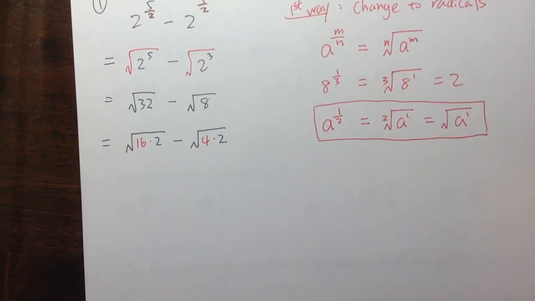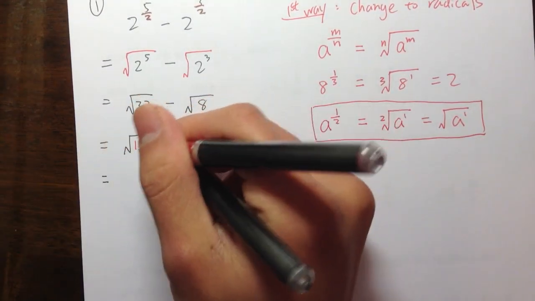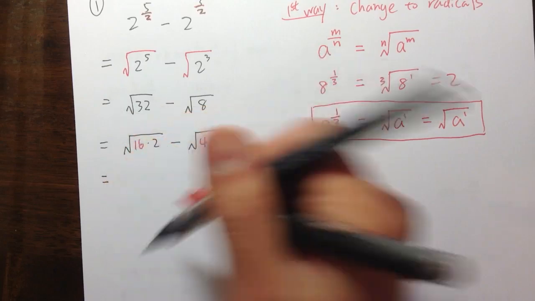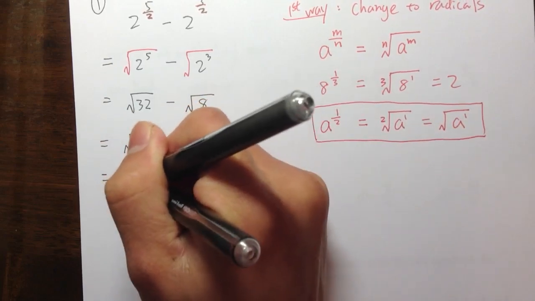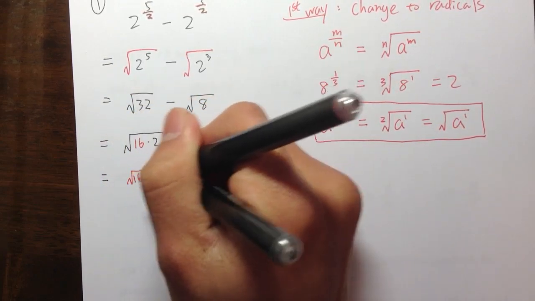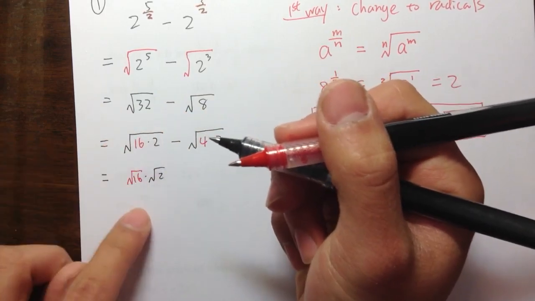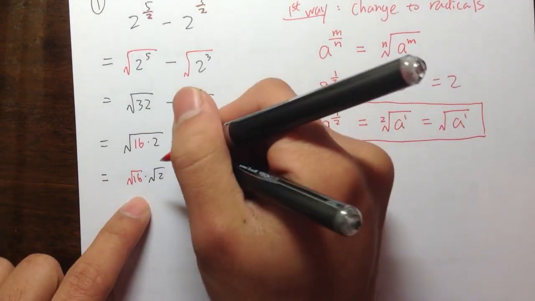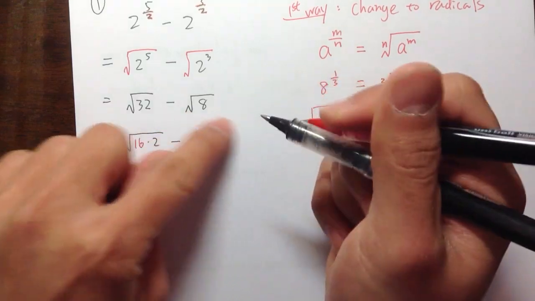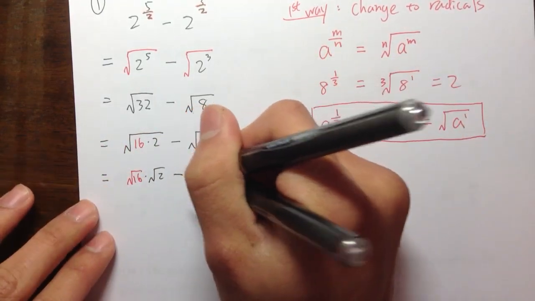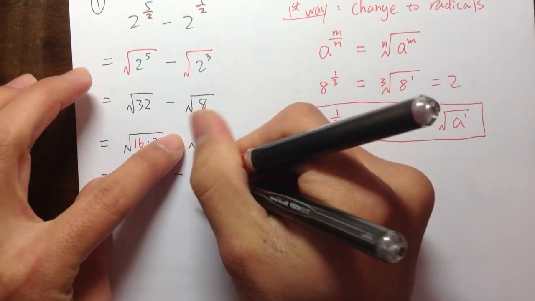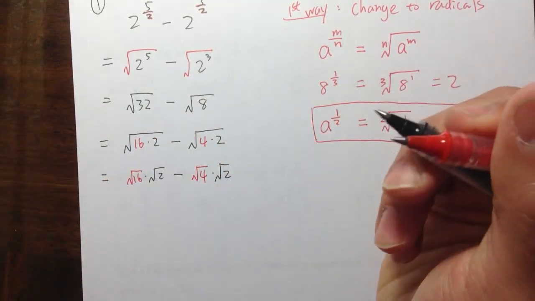This means we can break down the square root as square root of 16 times square root of 2. And then subtract. For the second one, I can write this as square root of 4 times square root of 2.